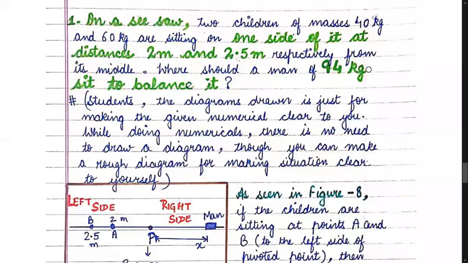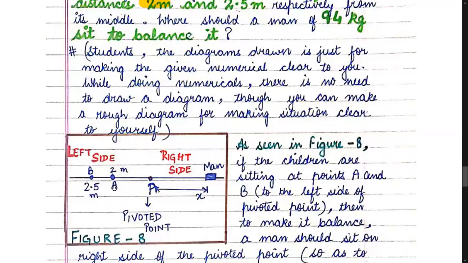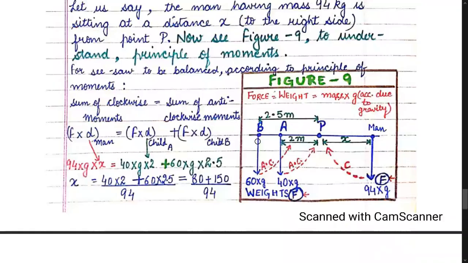The thing to remember is that the 40 kg child was sitting at 2 meter. If you take point A, the first child, 40 kg child, at a distance of 2.5 meter, your whole answer becomes wrong. So, first of all, draw the diagram according to the question. Directions of the force need to be marked, and then show the rotational effect.